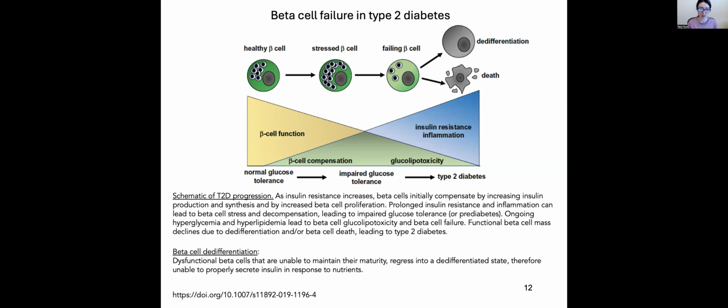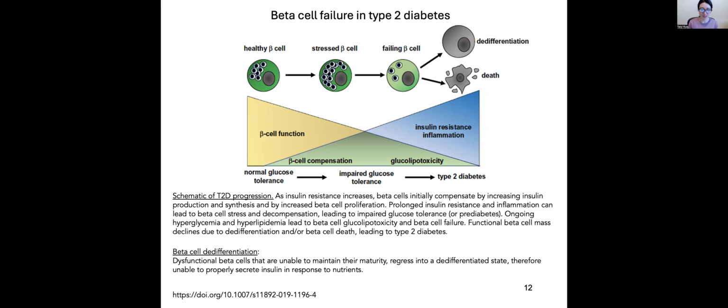So let's come back to talk a little bit more in depth about the beta cell failure in type 2 diabetes. We know that when we change our lifestyle from active to a sedentary one, or from eating normal portions to eating more or high-fat food sources, insulin resistance develops, right?